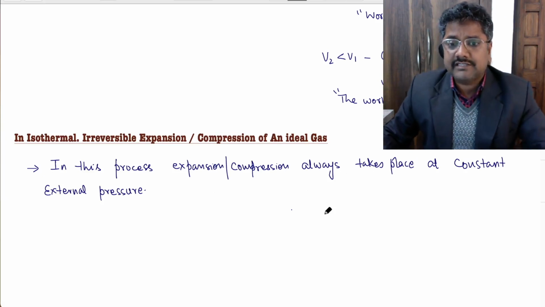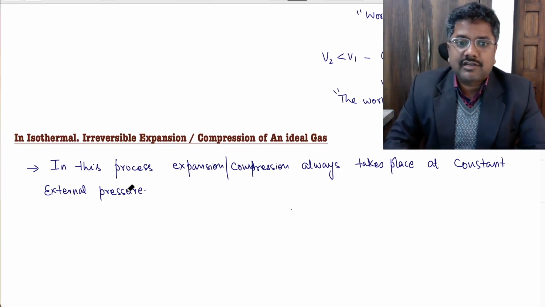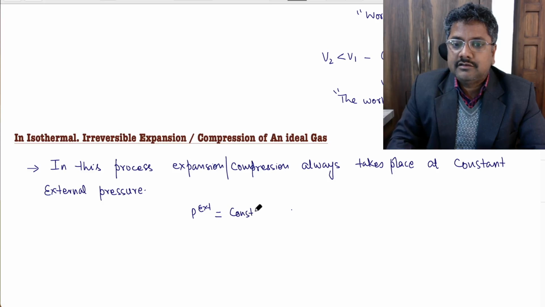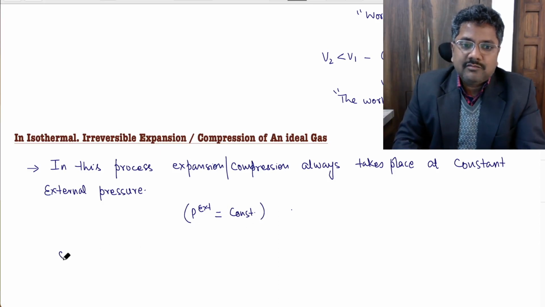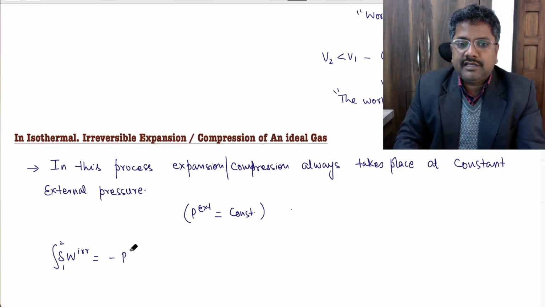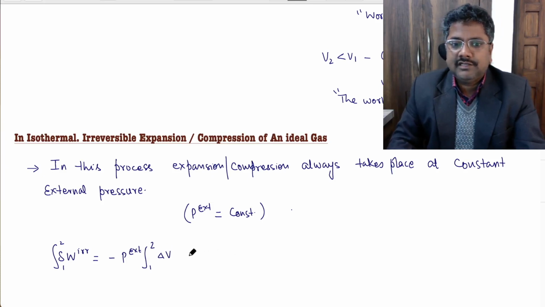So in this case P external is constant, because we are not considering the intermediate steps here, right? So W irreversible between initial and final state is equal to minus P external, which is a constant, integral from 1 to 2 of dV, right?